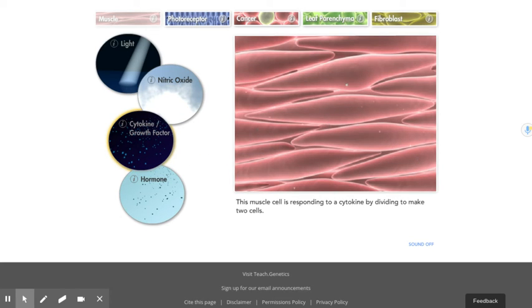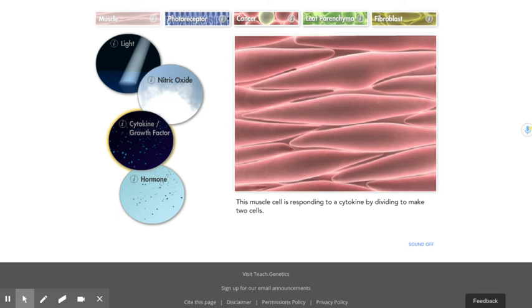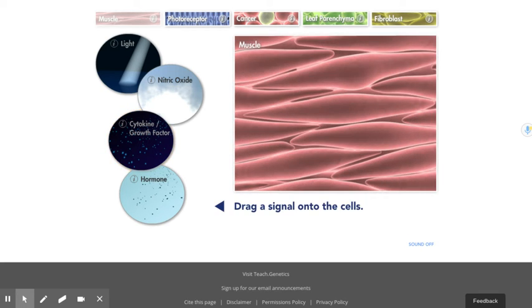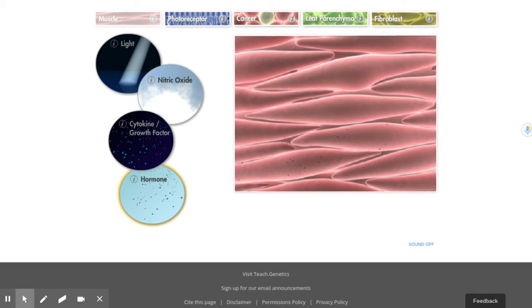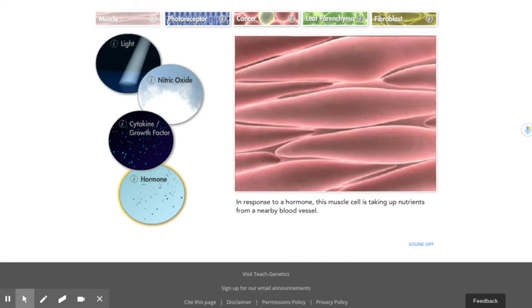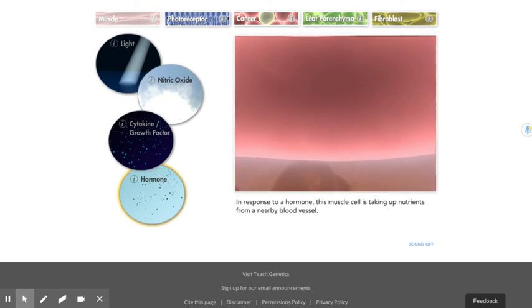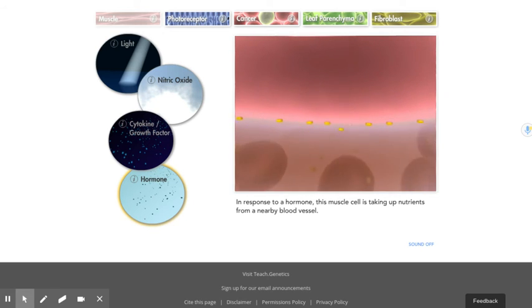This muscle cell is responding to a cytokine by dividing to make two cells. In response to a hormone, this muscle cell is taking up nutrients from a nearby blood vessel.